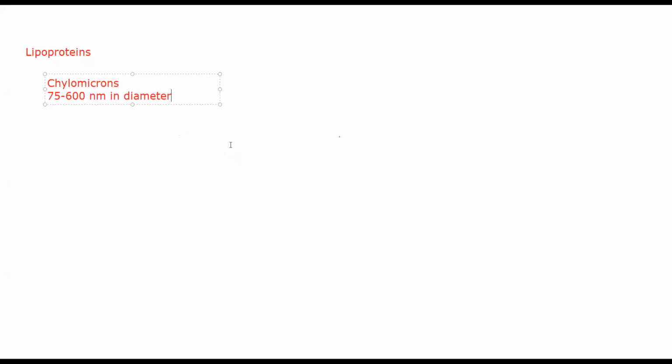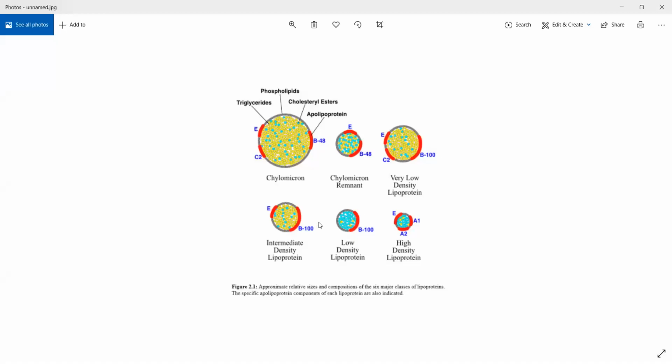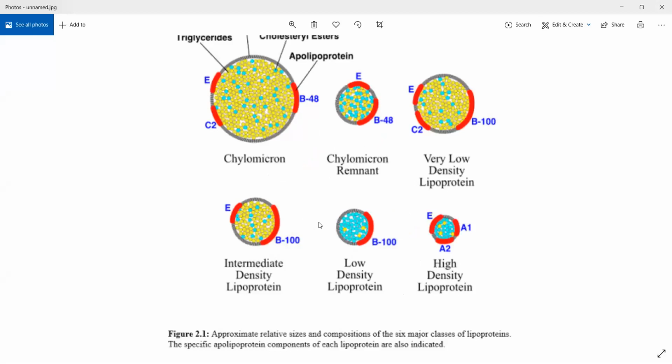Generally speaking, I'll show you a picture, it'll be easier for you to understand size differences based on that. See, chylomicrons, very low density, intermediate density, they will be larger than higher density. Higher density lipoproteins will be much smaller because they are more dense.